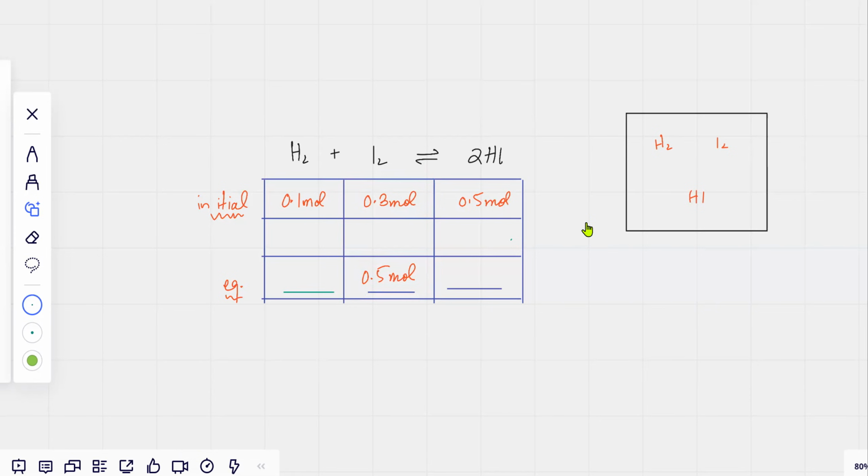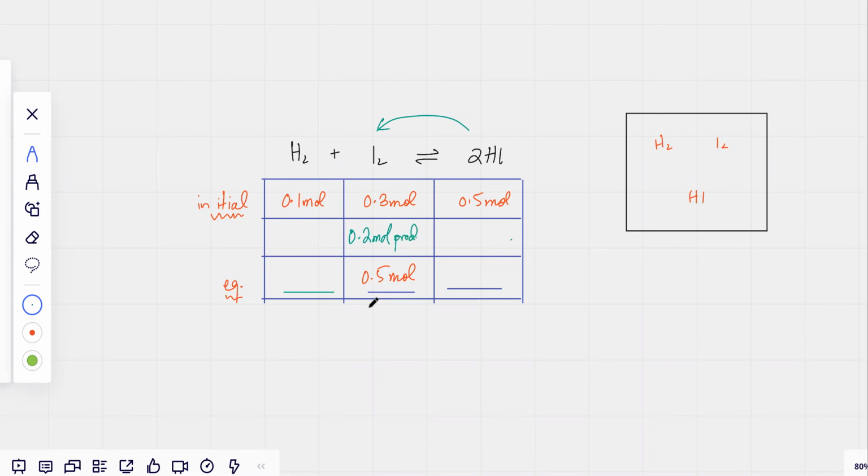So the quantity of I2 has increased. There's an extra 0.2 moles. You've got more I2 now. That means the reaction kind of went backwards. There was more backward reaction happening, so more I2 was produced.